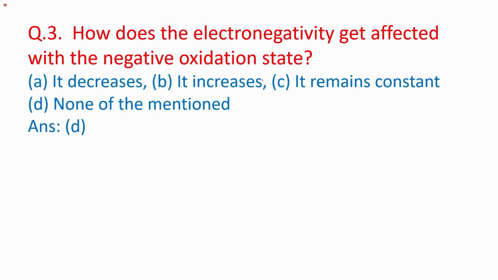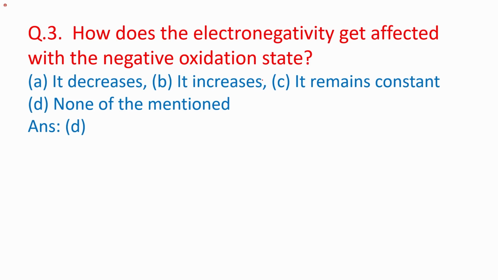So electronegativity depends on which parameters first? We have to see. Let's say if someone has a negative oxidation state, what does that mean? Negative oxidation state means already electronically saturated, and when it is more electronically saturated, it has a negative charge.